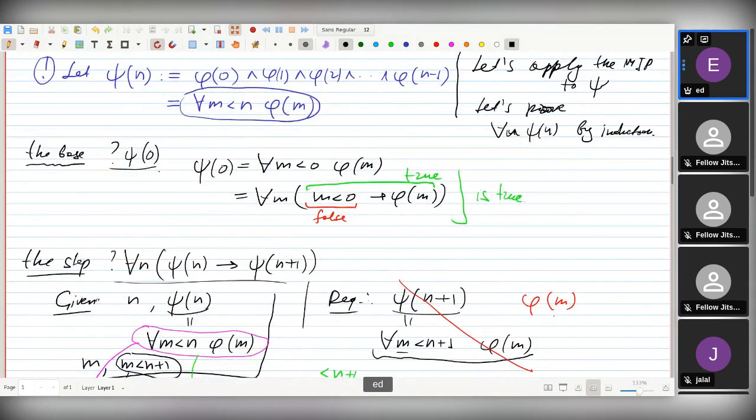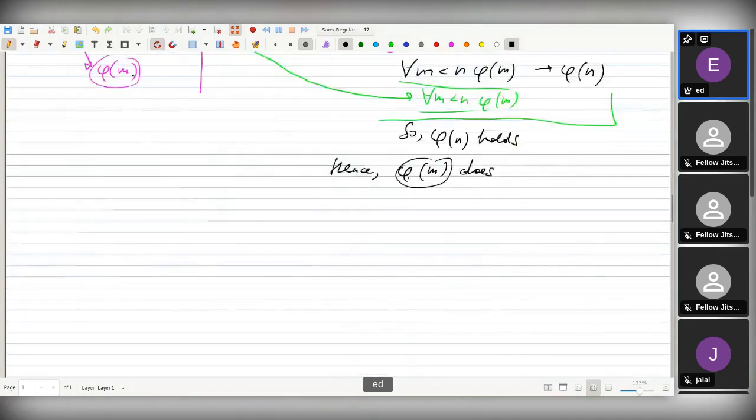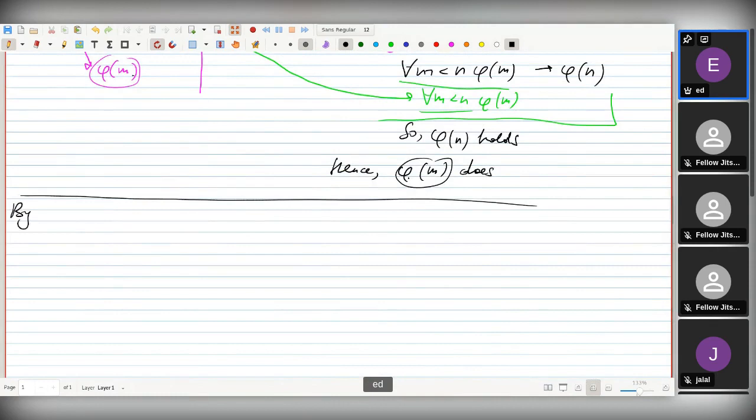Psi of 0 and this step. So, by the mathematical induction principle for psi, I have for every n psi of n.